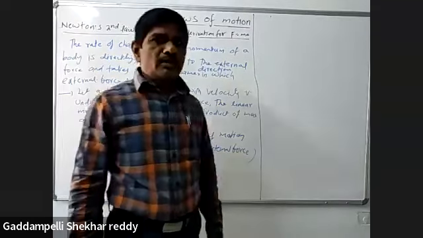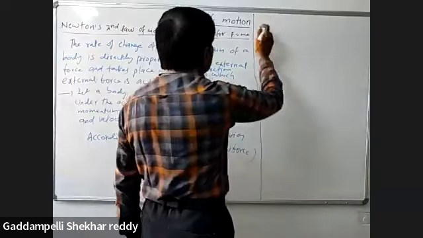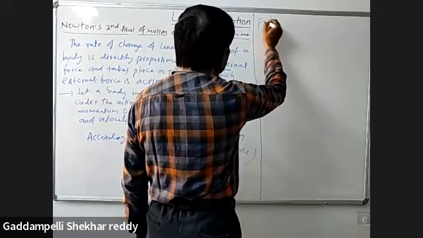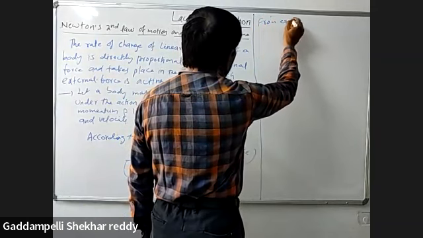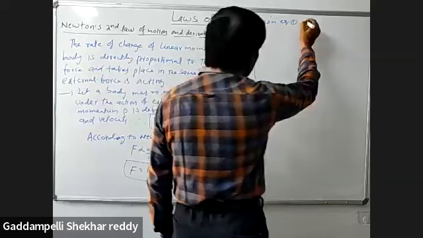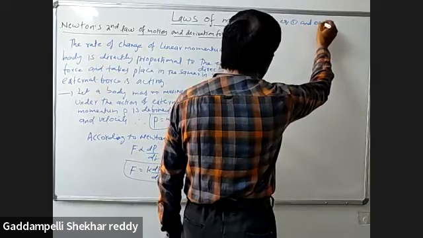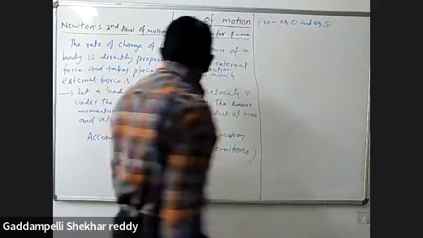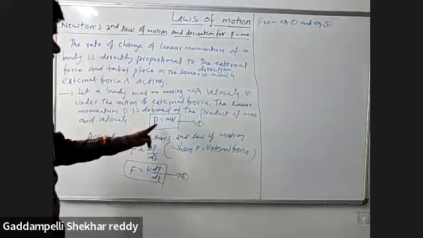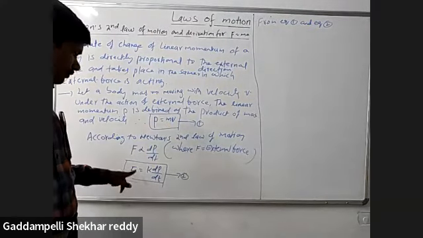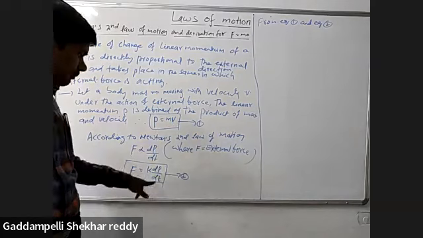Now from equation 1 and equation 2. Equation 1 is P equal to mv. Equation 2 means F is equal to K dp by dt.